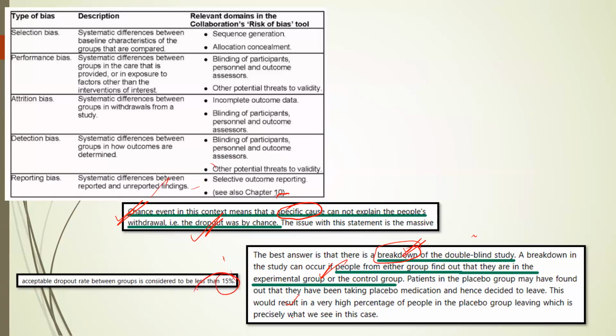That is, when the dropouts or the loss of subjects is more than 15%, it is significant. It is acceptable up to 15%. This is another point which you should remember.